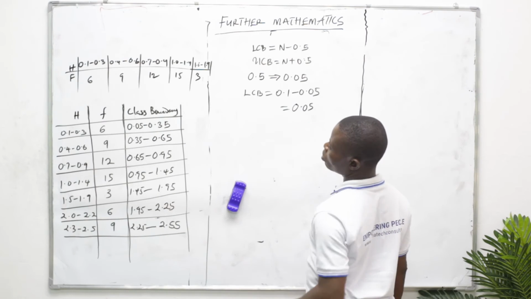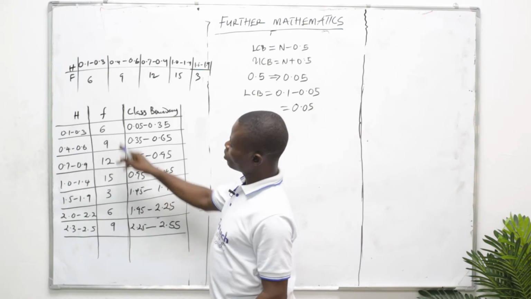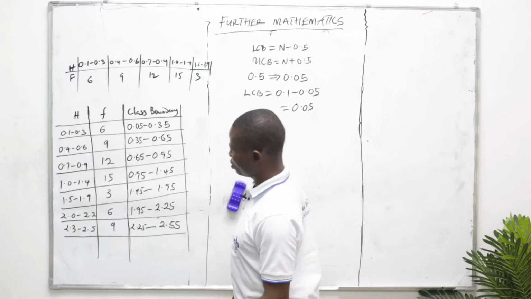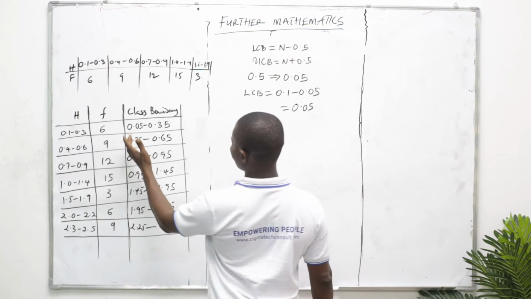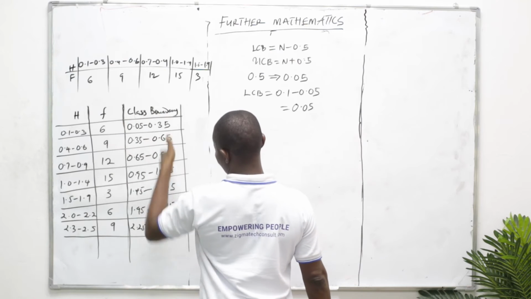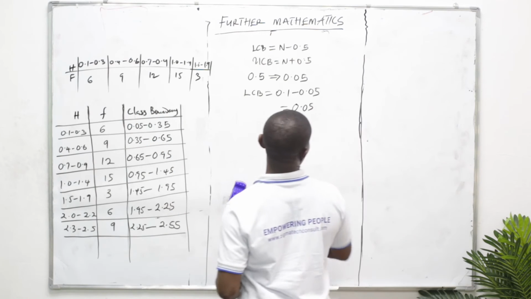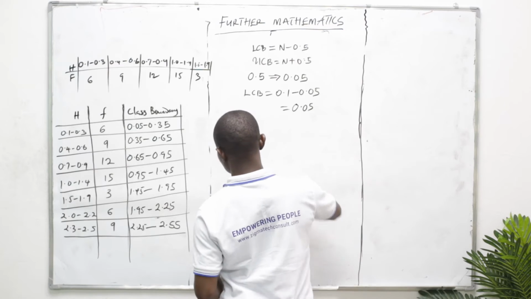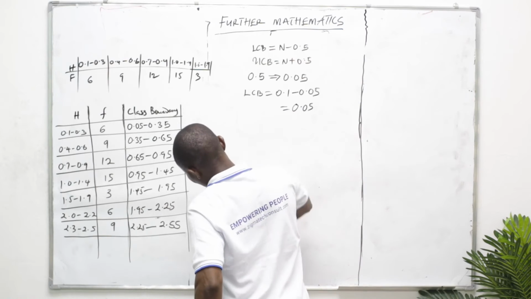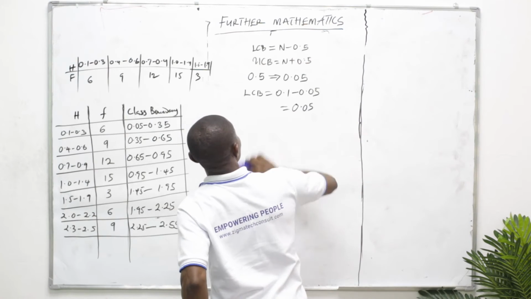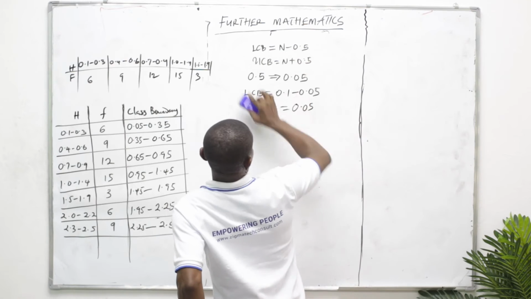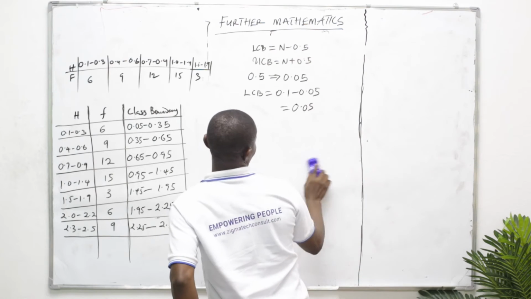So we are good to go. Recall you are plotting frequency against class boundary. And the movement from this lower down, you don't go back to lower again. So let us sketch the graph now. Still take note of these formulas.